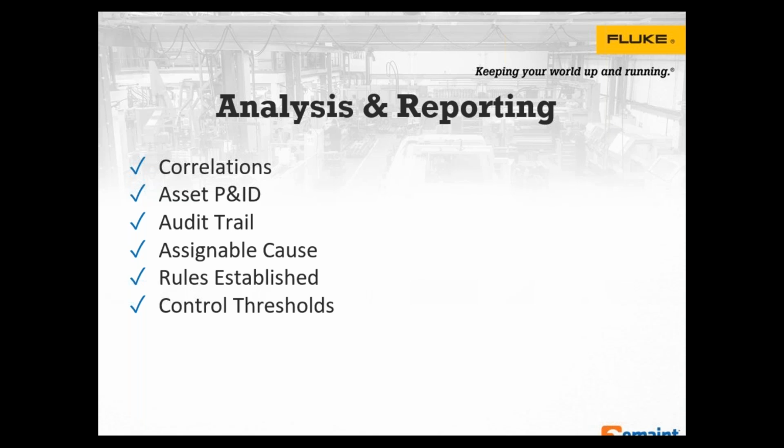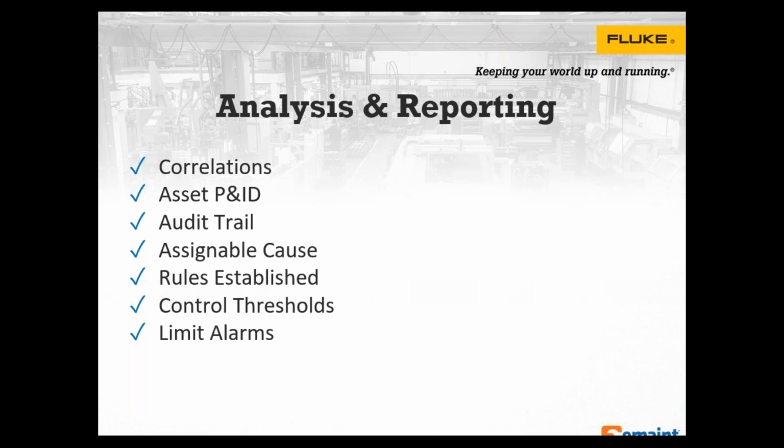And when I say center line, I'm talking about the mean value, which is the average of the data. So again, this is an evolution, and it really depends on the type of asset that you're using, but there is definitely a way to establish control thresholds, or upper and lower control limits.